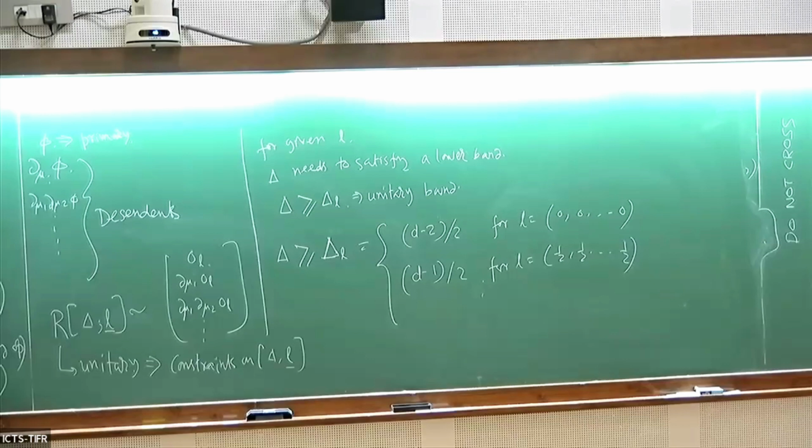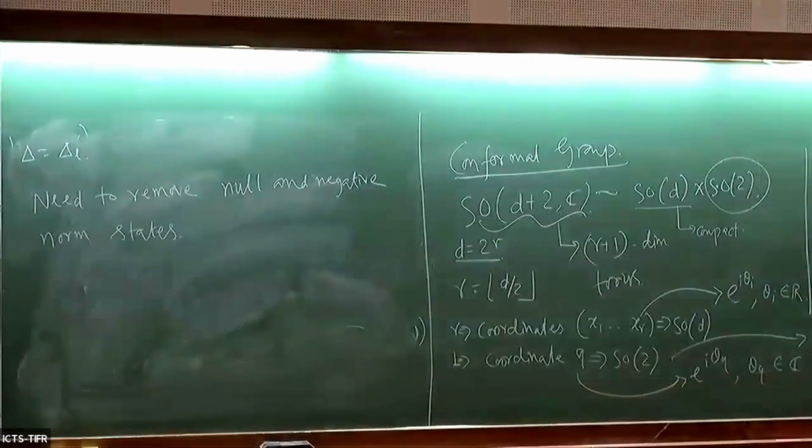Now what is the meaning of that? A realistic example: if I have a free scalar theory, why am I talking about the free theory? Because for the free theory, the scaling dimension and the mass dimension match. And now for the free scalar theory, what is the equation of motion?